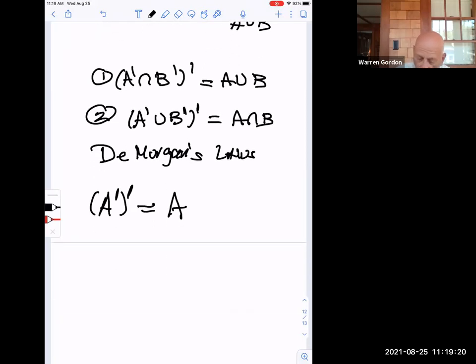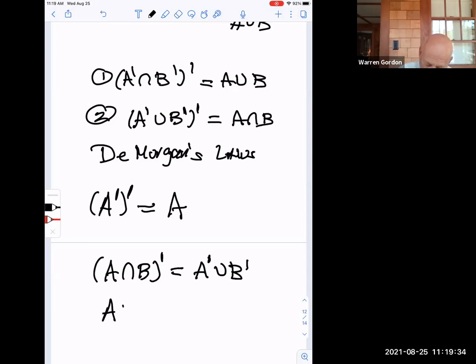That means, by the way, if I wanted to, I could have written this the following way. Here's another version of De Morgan's law. And the second one would be A union B complement is equal to A complement intersection B complement.